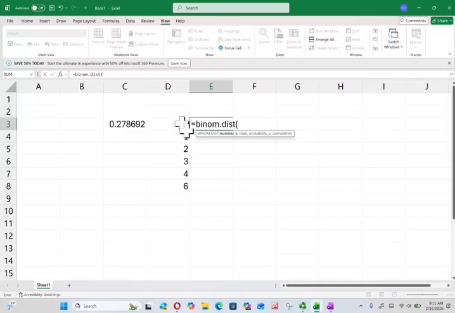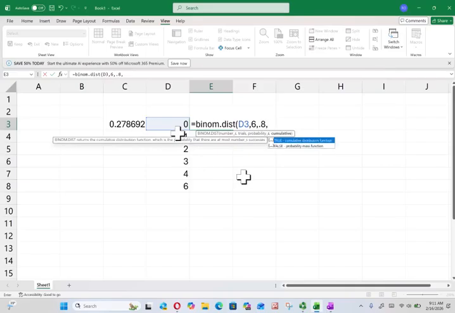But I'm going to do it with a cell reference. So this is the number of successes. The number S is in D3, comma, just going to use 6 trials, 0.8 probability. And I want individual.